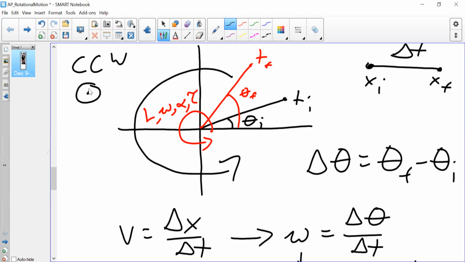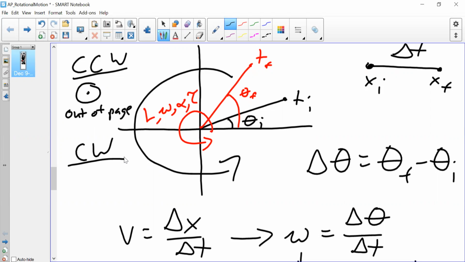The arrow on the back has little flares like an X. So for counterclockwise rotations, the angular quantities are out of the page. For clockwise rotations, they are into the page.